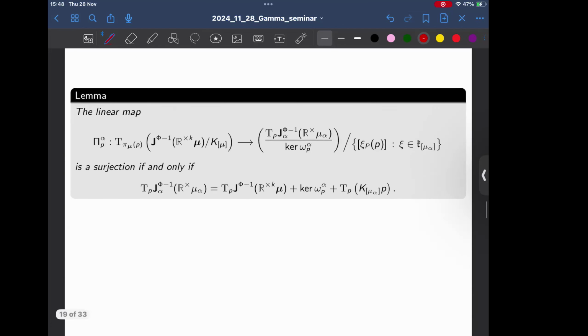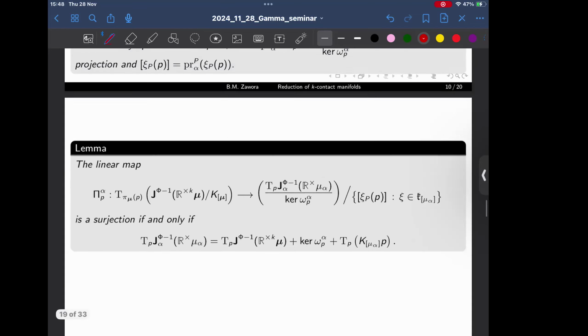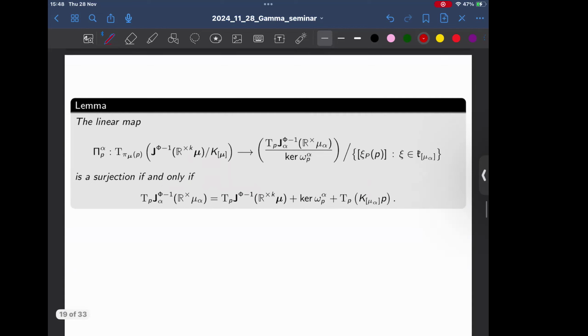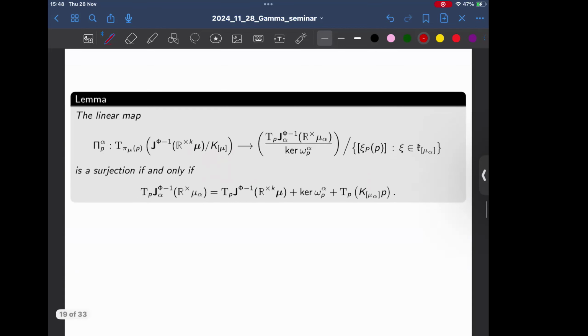The second step: V_α is an exact symplectic vector space, and now we want to find conditions for the linear maps P_α to ensure that they are surjections, and of course P_α is a surjection if and only if this condition holds.